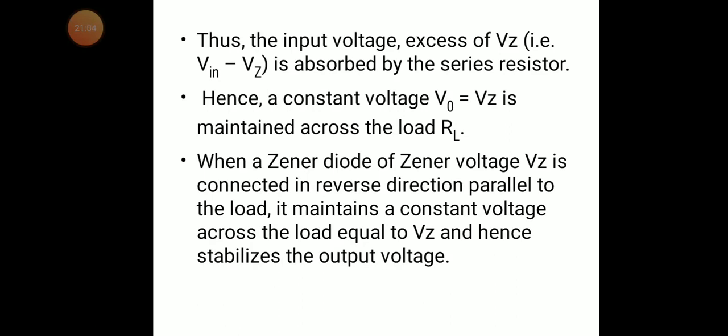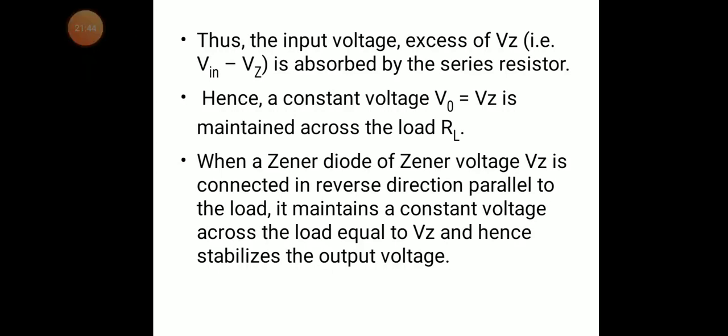This is the adjustment between the series resistor and the Zener diode. The excess voltage above VZ, that is Vin minus VZ, is dropped across the series resistor. Hence, a constant output voltage VZ is maintained across the load resistor.